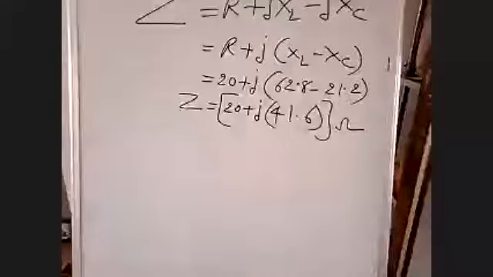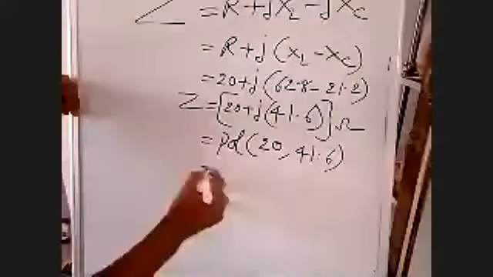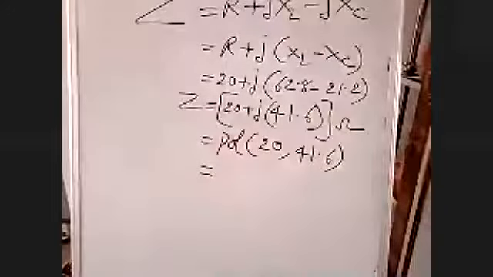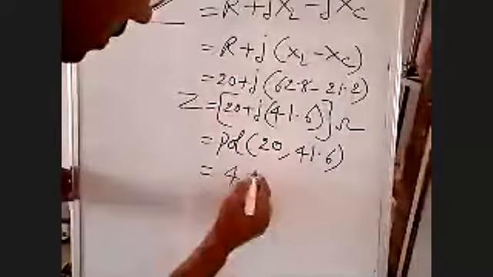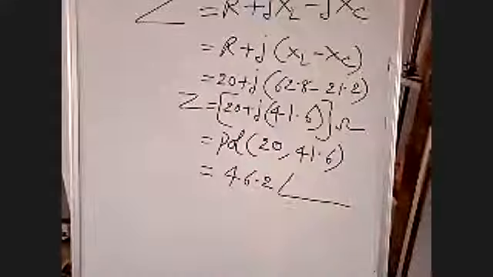Take your calculator. Magnitude is 46.15, approximately 46.2.